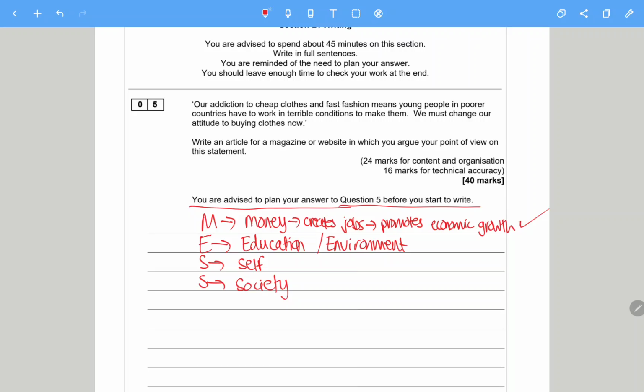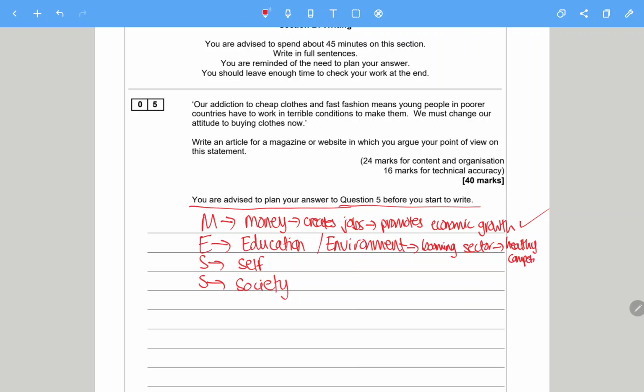Next up, we've got E, which is education / environment. In terms of education, environment, there are many things you can say here. First of all, I would say that in terms of education, it's a booming sector and it's continuously growing, which promotes healthy competition.